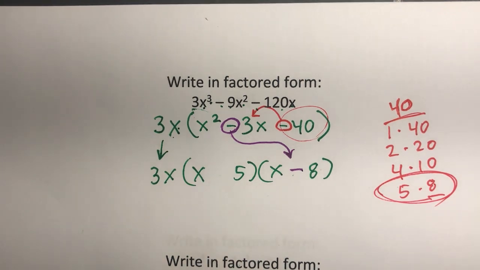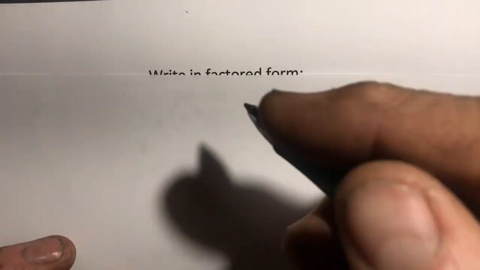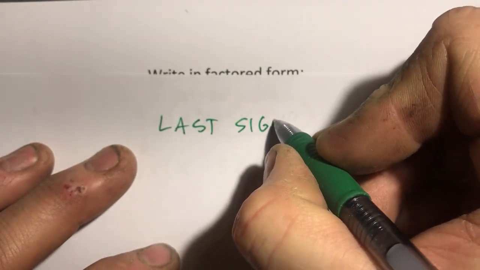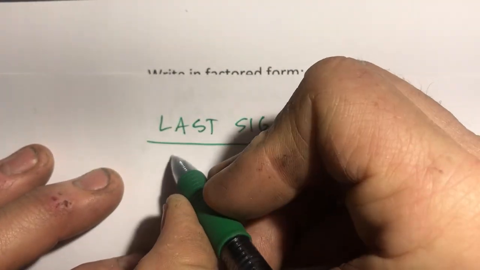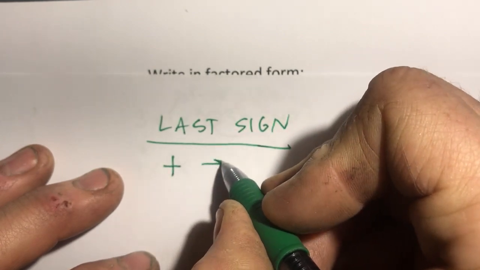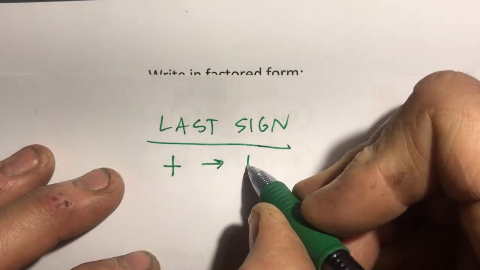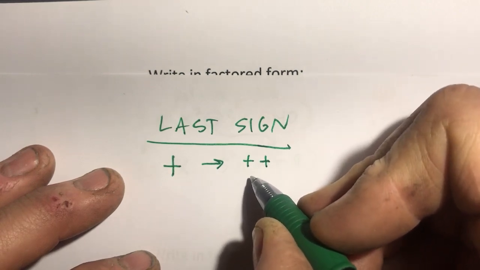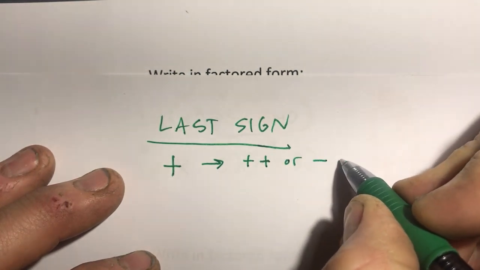As far as the last sign, let's write this down here. The last sign, if it's positive, that means both of your factors are going to be positive, or both of them will be negative.